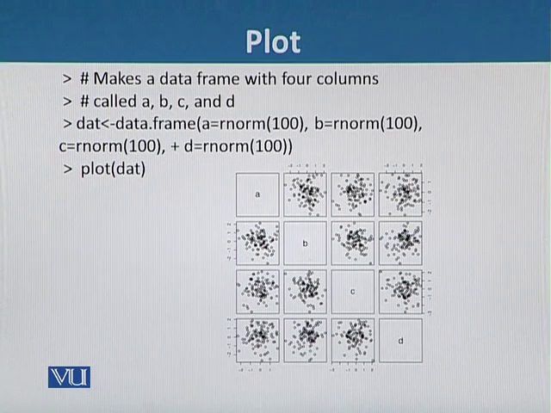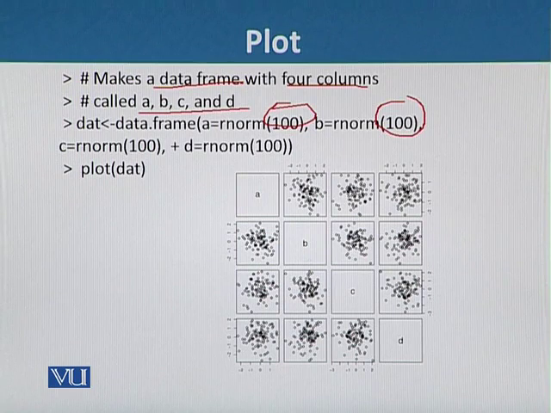Here we can see that we want to make a data frame, because in the previous example we have seen a single plot, but in this case we will plot in the form of a data frame, and that frame has 4 columns, called A, B, C, and D. And each column has 100 values from a normal distribution, and it will plot 4 columns from A to D. And then we will use the command plot with the data frame written in the parentheses.